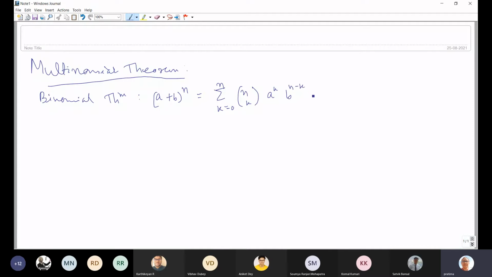So this is how you write the binomial theorem.